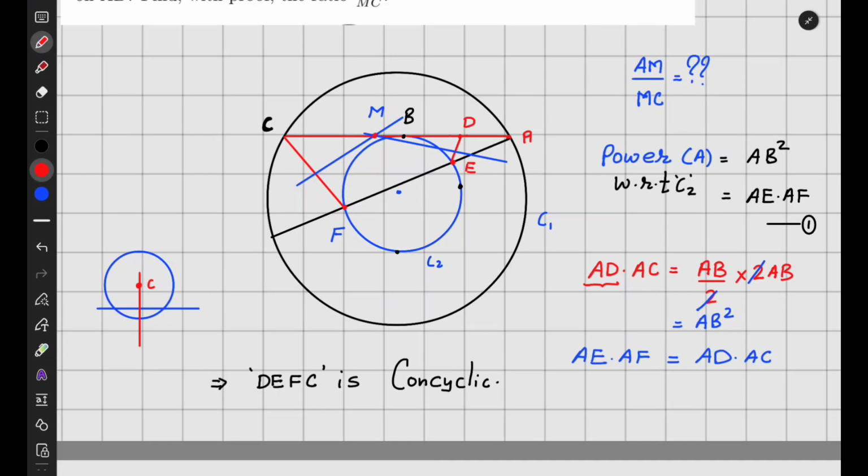So M is going to be the center. If all these 4 points are concyclic and M lies on DC and is the center of this circle, that means DC is the diameter.